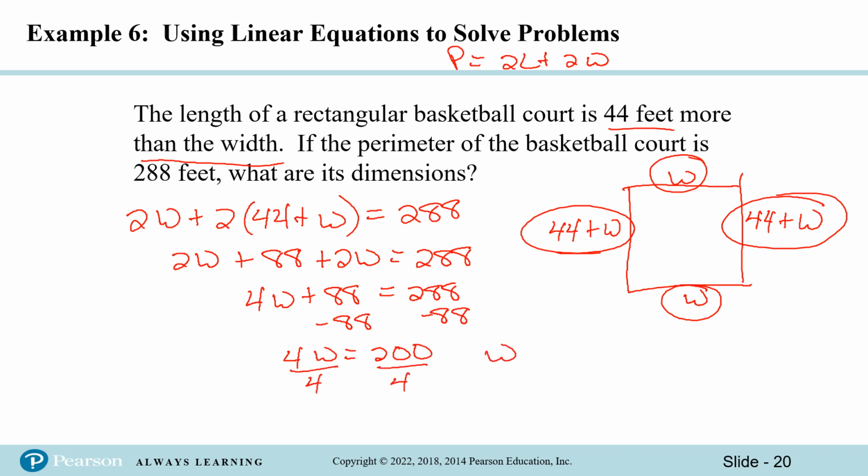So you get a width equal to 50, what's the unit? Feet. When it says dimensions, it wants both the length and the width. So make sure you answer both of those. The length is the width, which is 50, plus 44. So you end up with a 94-foot length. Dimensions means you need to give both the length and the width.